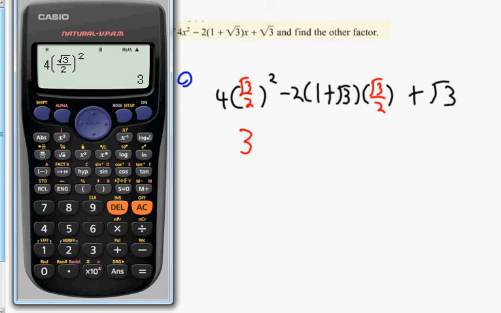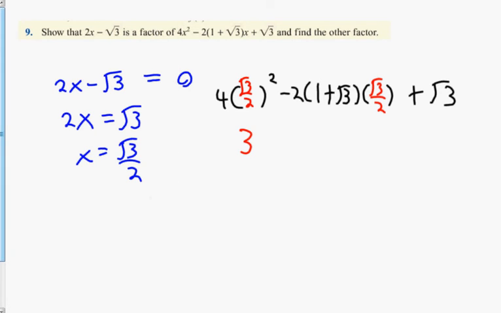Next part, why bother with all that really complex multiplication when you don't have to? Minus 3. And look, cancel, cancel, cancel, cancel. We just have to prove it.